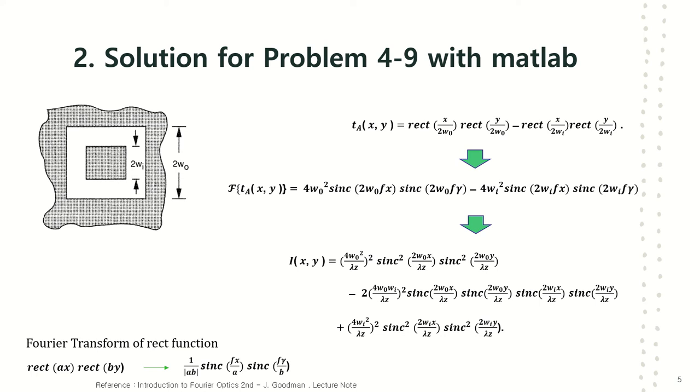We can obtain the Fraunhofer diffraction pattern by Fourier transformation of the aperture. The aperture can be expressed as a subtraction of two rectangular functions. And the Fourier transformation of a rectangular function is a sinc function.